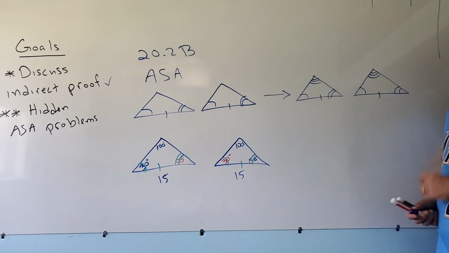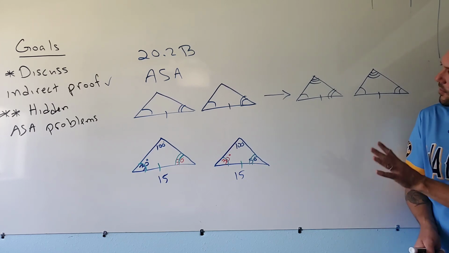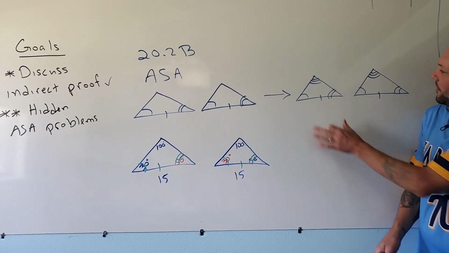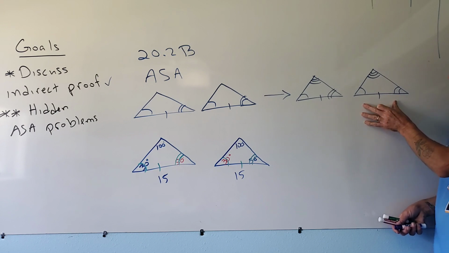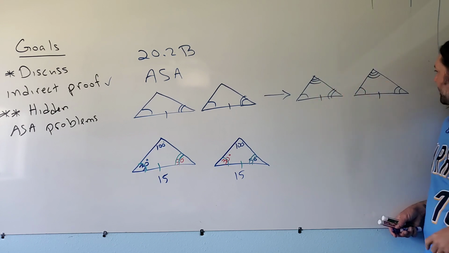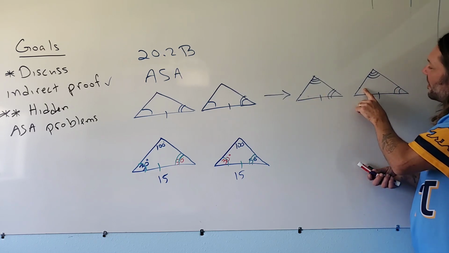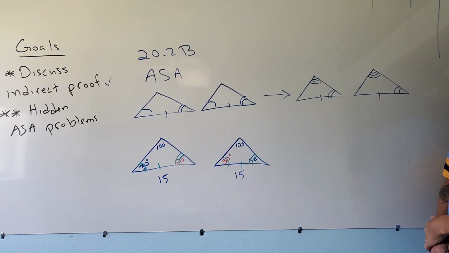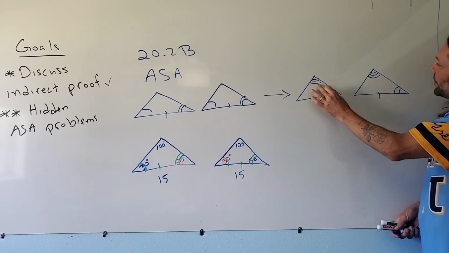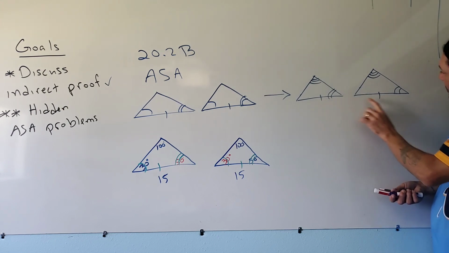Alright, so here's what I want to do. Let's take away some things from this picture. We knew that these two angles were the same to begin with, right? These two angles being the same as these two angles force this angle to be the same. Now, let's just say that we have two triangles that look like this, where I have two pairs of congruent angles, and then I have a side that's congruent in both triangles.